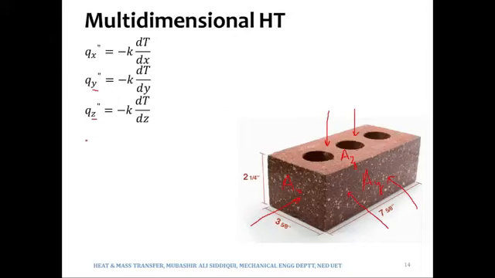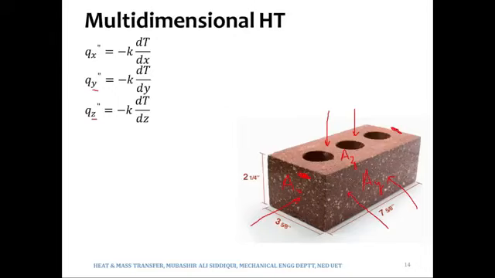See, the heat flow in any particular direction will depend upon its temperature difference. So for example, if this face is at a temperature of, for example, 100 degrees Celsius, and the face on this side, which would be opposite to this one, has a temperature of 30 degrees Celsius, then the heat will flow in X direction, right?